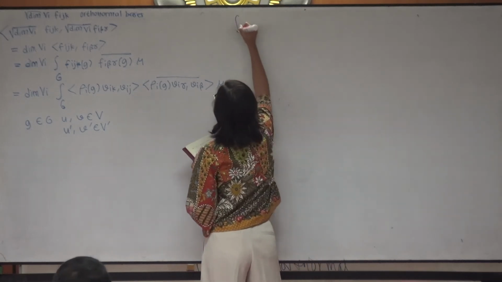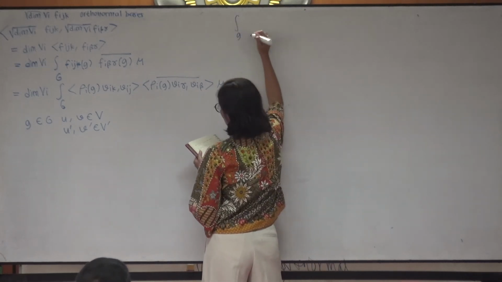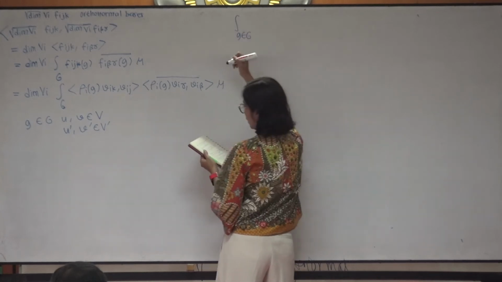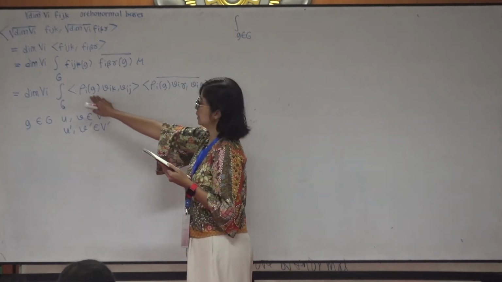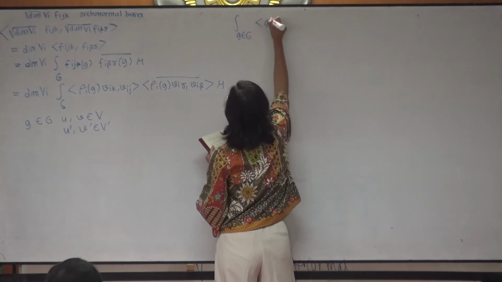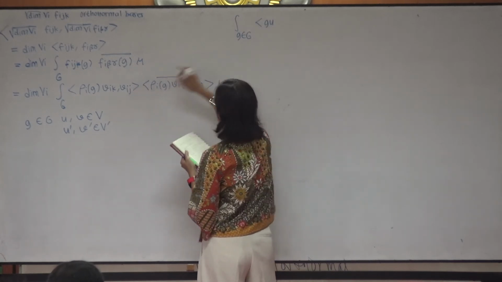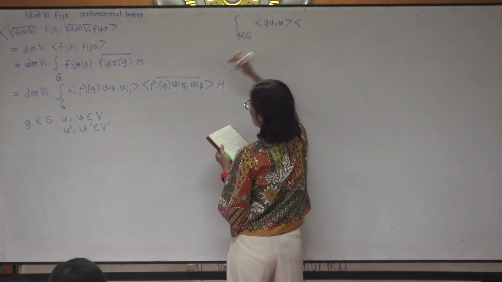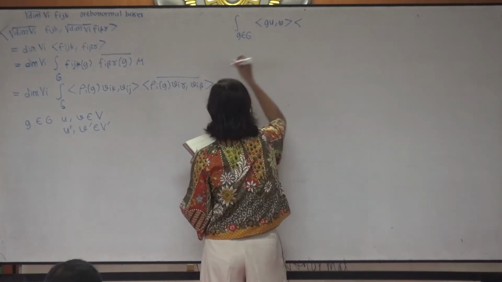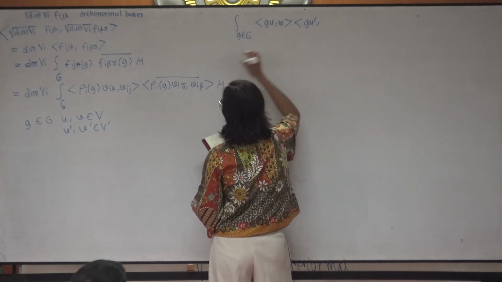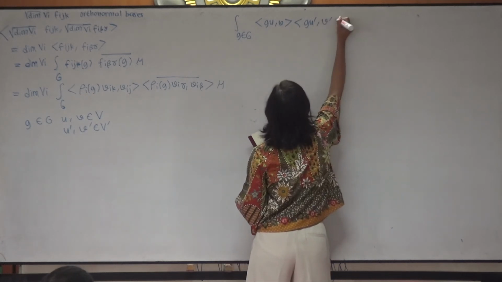We will compute, I change this with gu and this with v, and this with gu prime, and this with v prime.